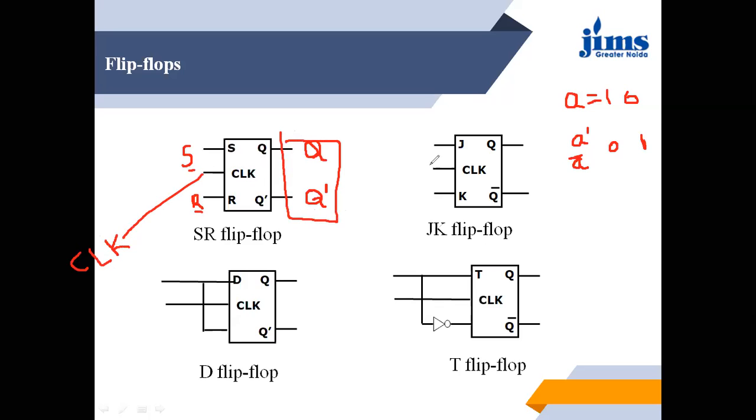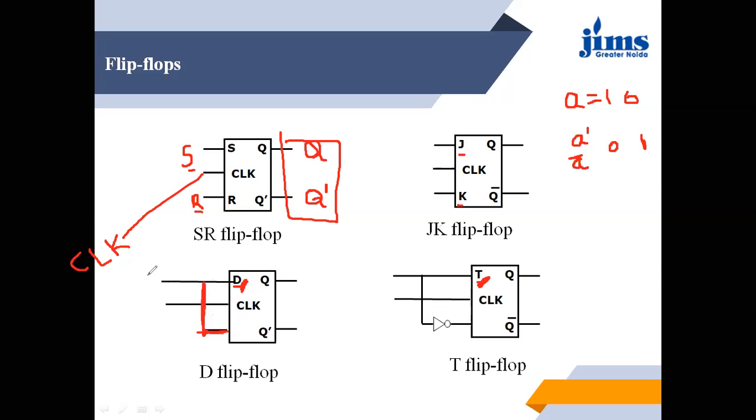So this is the SR flip-flop, this is the JK flip-flop, this is the D flip-flop, and this is the T flip-flop. You can see that here there is only one input, that is D, and in this also there is one input, that is T. So we give the same input: we combine the second input with the first input so that the values of both inputs are the same.